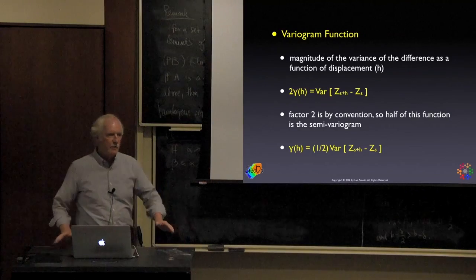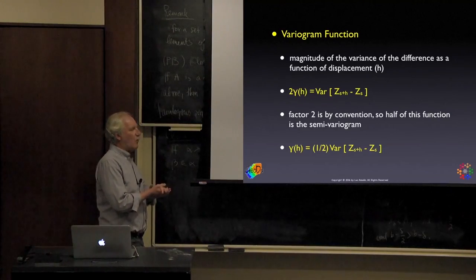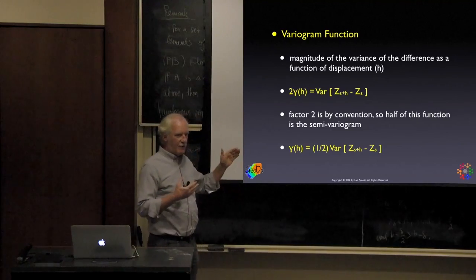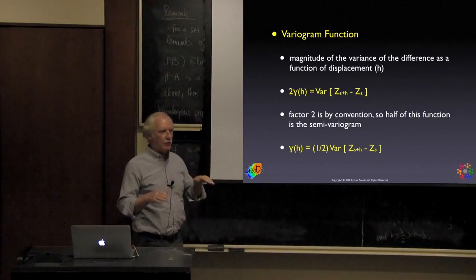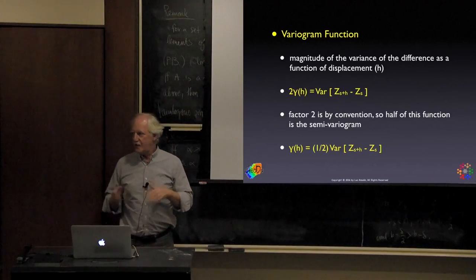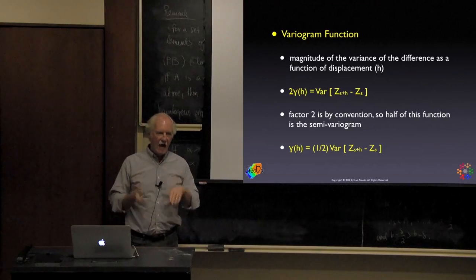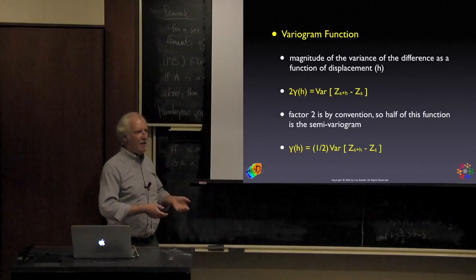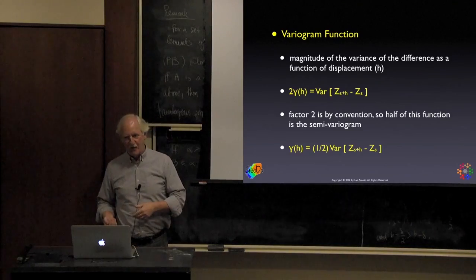And here's a bit of a weird thing, but you'll see why this is happening. The proper technical term is the semi-variogram. And the semi-variogram is half the variogram. So the variogram is twice the semi-variogram.